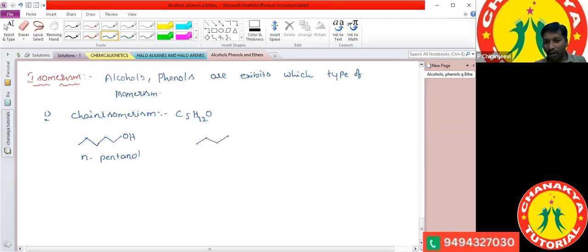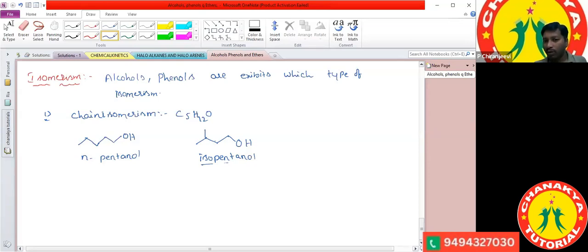And the second one I'm writing as isopentanol. When can we call it isopentanol? If the last but one carbon atom is attached to one methyl group, we call it iso. Why pentanol? The total number of carbon atoms in the compound is 5.